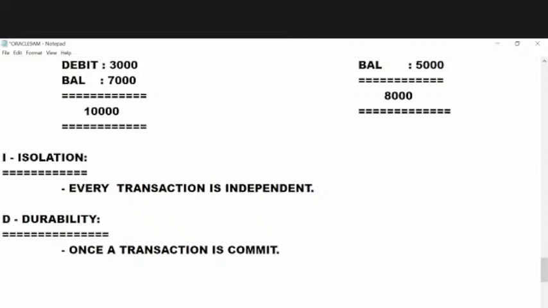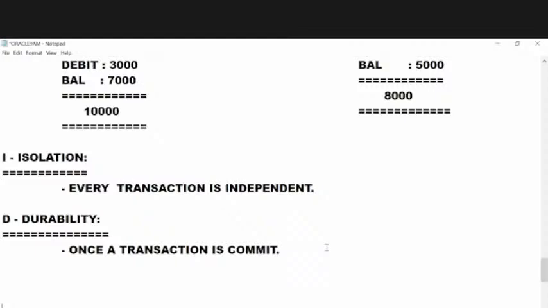Once your transaction is committed by the user, no one can change it. It's permanent and fixed. I cannot change it again. That's why I already said to you, once committed, we cannot roll back. That is durability. Once your transaction is successfully committed, it cannot be cancelled at any cost.